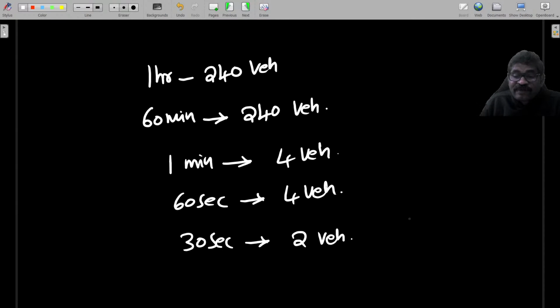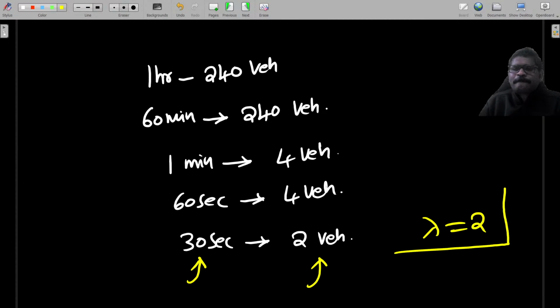So on an average, in a 30-second time interval 2 vehicles are crossing. Therefore lambda is equal to 2.